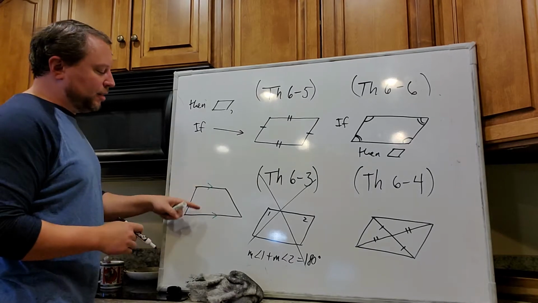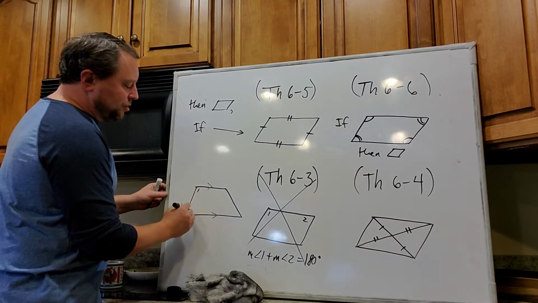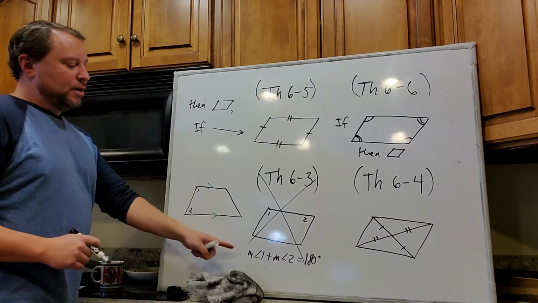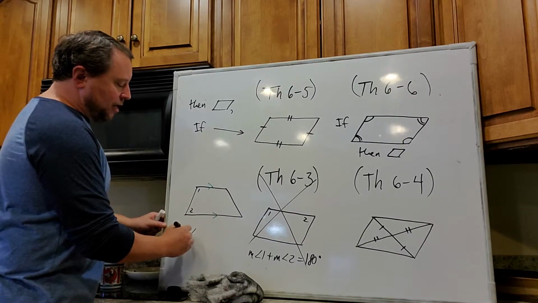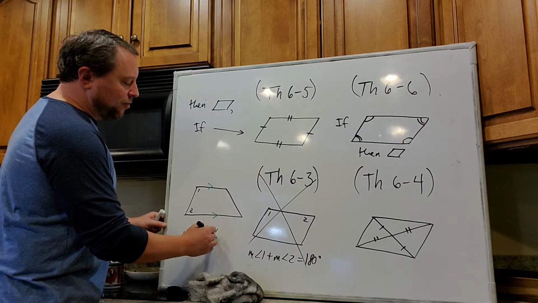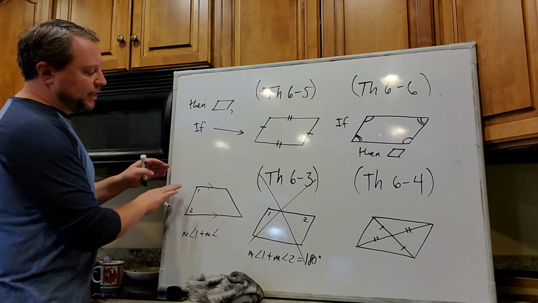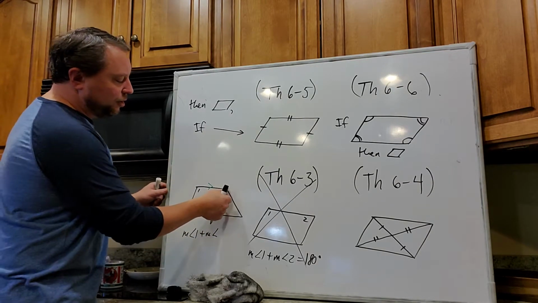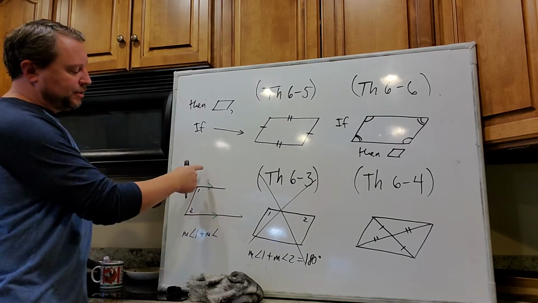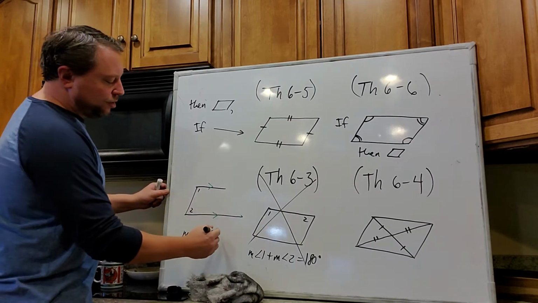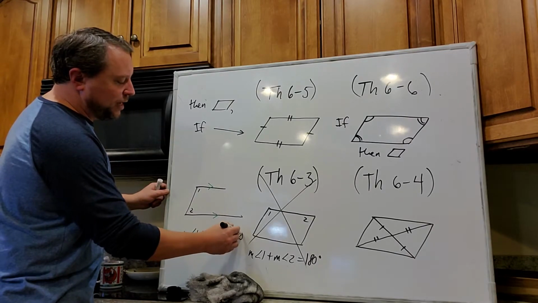If those are parallel, these two angles, 1 and 2 here, would add up to 180, just like we have over here. After all, there's still a pair of same side interior angles. If I ignore that line there, see it? There are your parallel lines cut by a transversal. So those two would add up to 180.